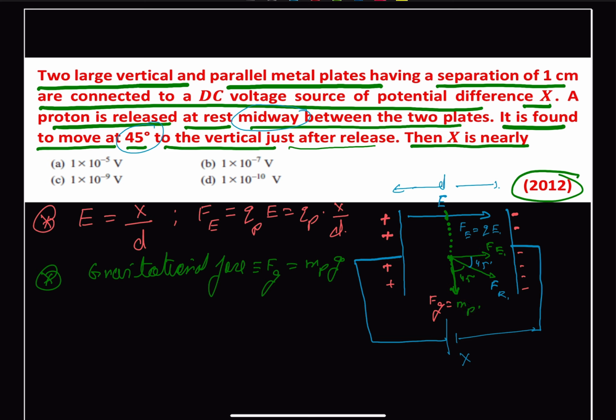Okay, and this is the charge on the proton. And the angle between the two is given as 45. Sorry, the angle between the two is coming as 90 degrees, because the resultant force is at 45 with the vertical, so the angle between the two will be 90 degrees.